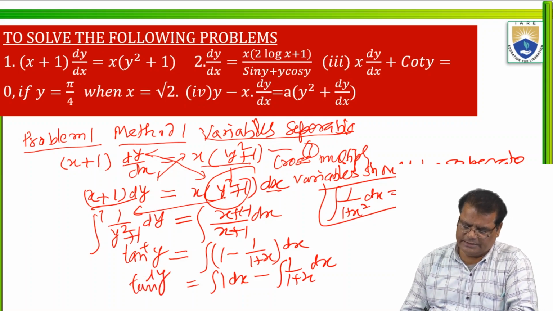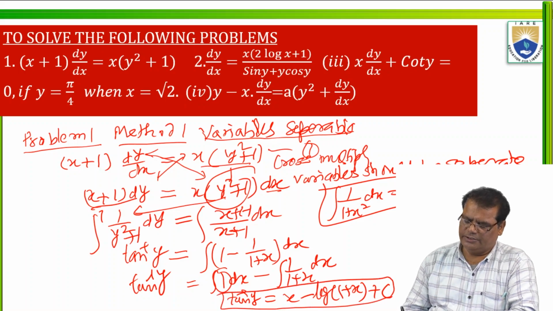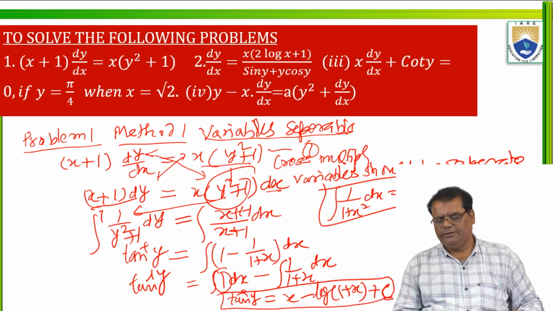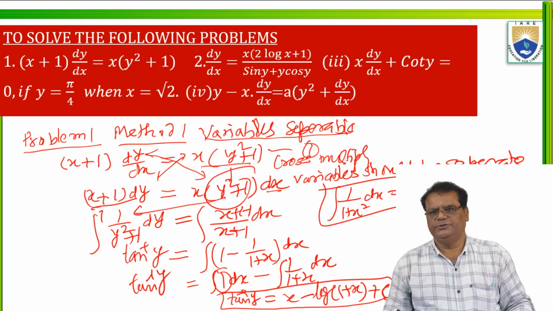So now our answer is tan inverse y equal to x minus log(1 plus x) plus c. So this is the solution. Here is only one arbitrary constant c, because this is only a first order and first degree differential equation.